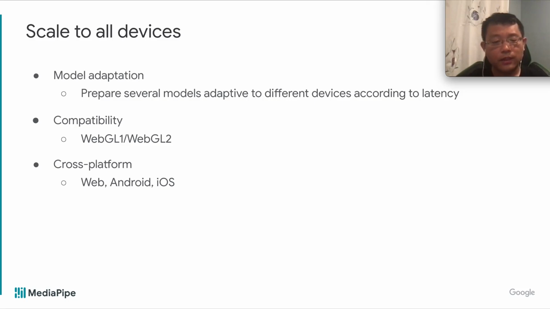The most significant component of the WebML pipeline is model inference. To ensure the model can run in real time on all devices, we provide several models adaptive to different devices. The switch between models is behind the scenes according to the latency. We aim to provide users the best experience seamlessly under different conditions.